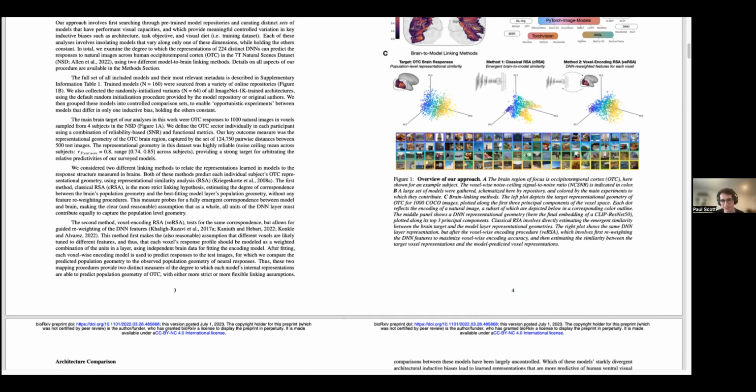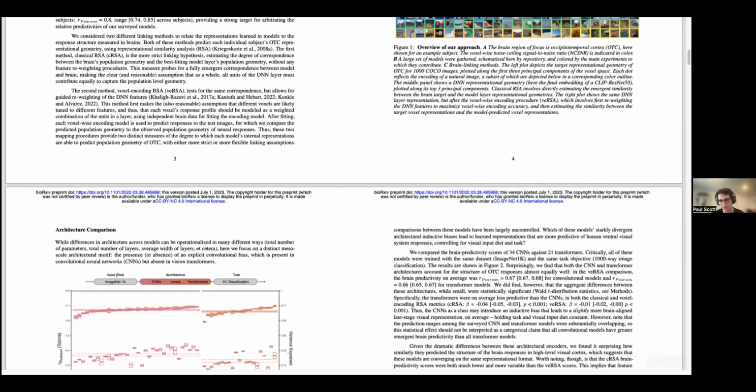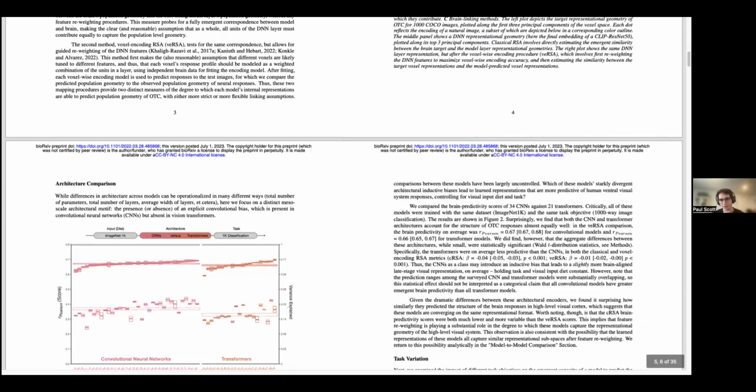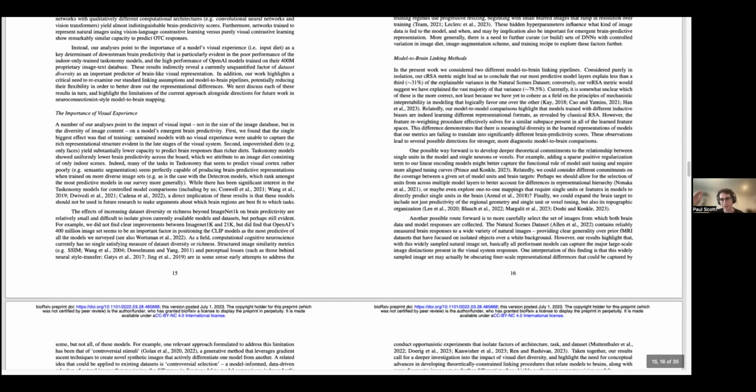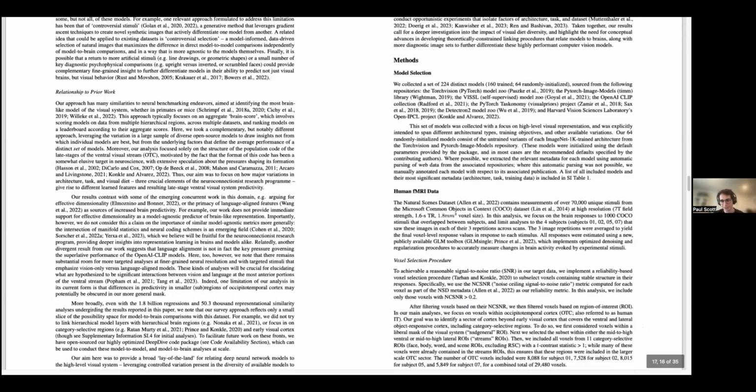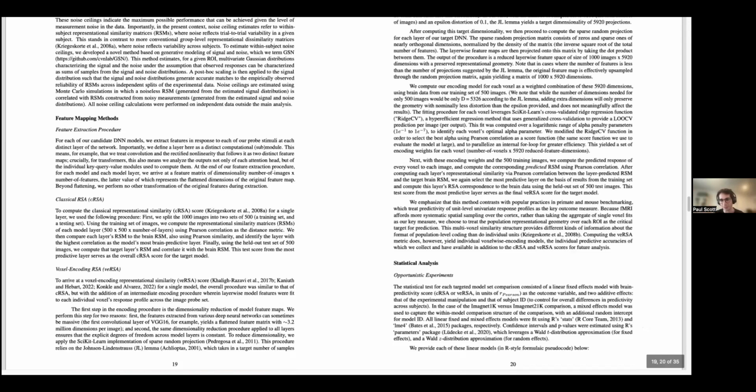For a given model, they do classical RSA between the occipitotemporal cortex voxels and, for every layer of the model, the projections from that layer, and then they pick the best fitting layer. And for voxel encoding RSA, it's the same thing except they allow the reweighting.